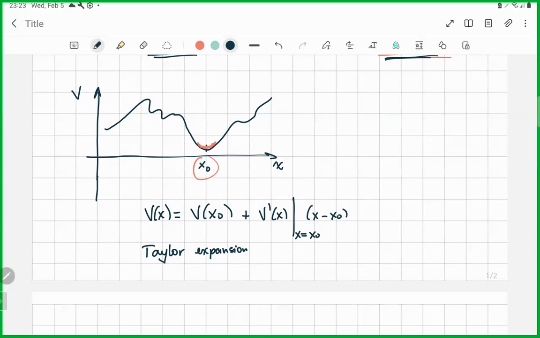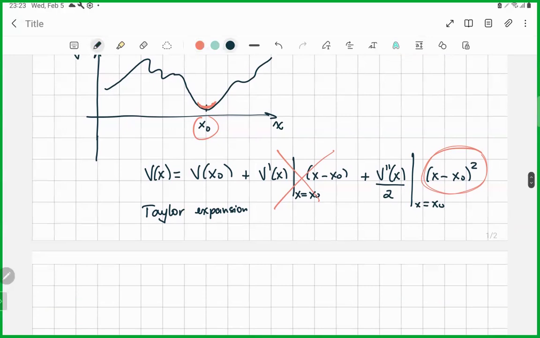But remember, we said that this is a local minimum. So if this is a local minimum, this is 0, right? Okay, and what is the next term then? The next term is going to be the second derivative at that point, there is a half here, and x minus x naught squared. So you see that the first dominant term in this expansion is the x squared that we are talking about. So there are many problems that can be approximated by this harmonic oscillator. So that is why it's so important.